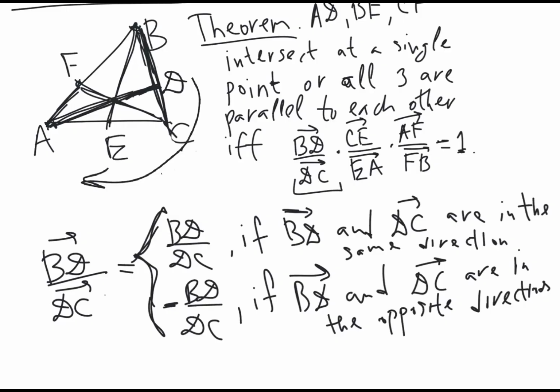We take BD to DC, so we move here, and then from C we move by the side CA to E, and then from E to A. So we take CE over EA, and then by the last side we move from A to F, and from F to B. Like this, starting at B, we move clockwise over all the sides and vertices of the triangle.